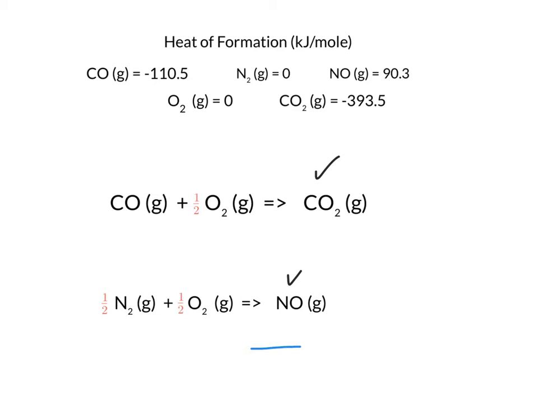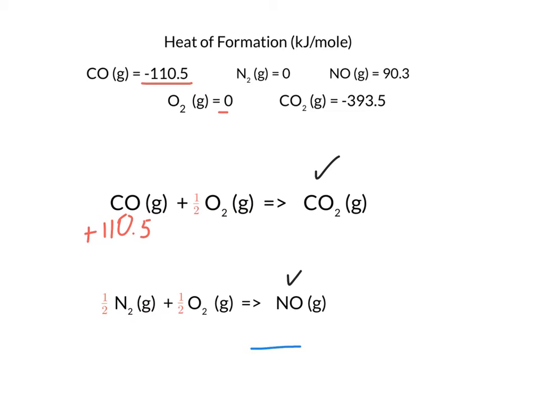And for the first one I'm looking at right now, I see negative 110.5. And these are in kilojoules per mole. But I'm not forming carbon monoxide. It's going to be one of my reactants. So this number is actually going to be positive 110.5.